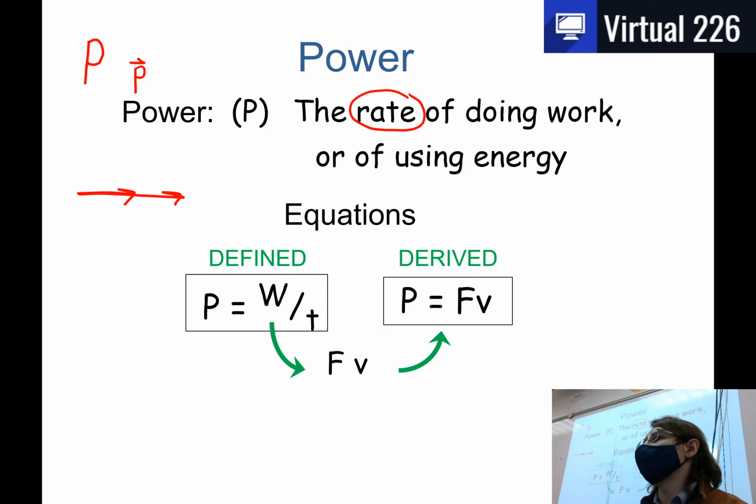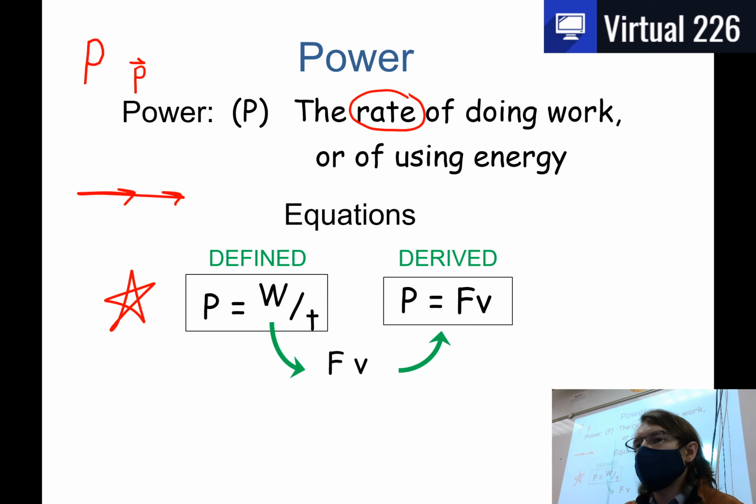That is also a definition of power. Technically, there could be a cosine term in there if it was acting at a weird angle, but let's just ignore that for now. We're not going to use this derived definition very often. We're going to stay over here with the work divided by time. That's a more useful form of that equation. But if you wanted to, you could derive from that the power equation equals a force by a velocity.